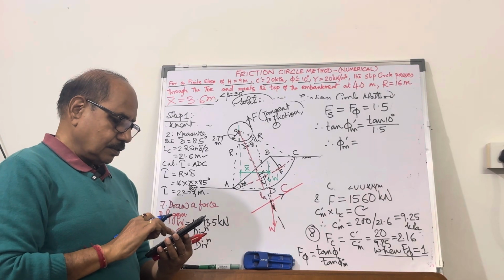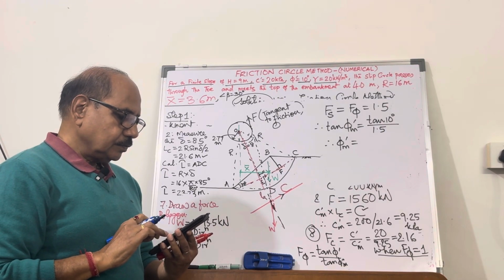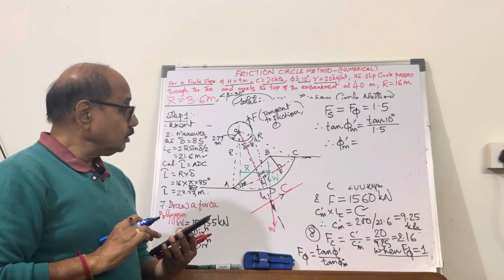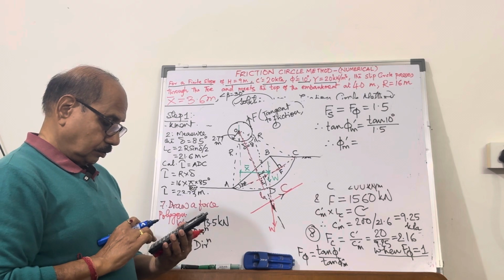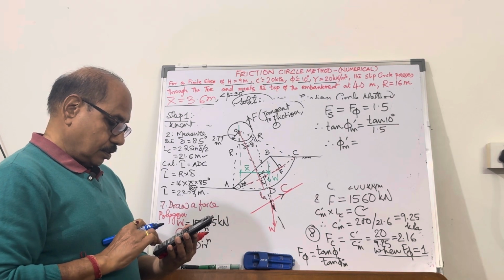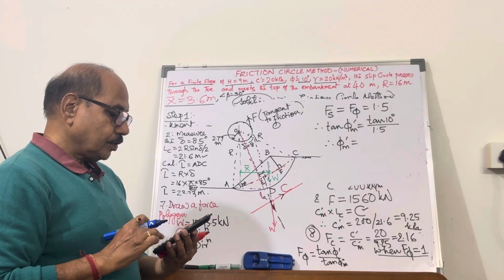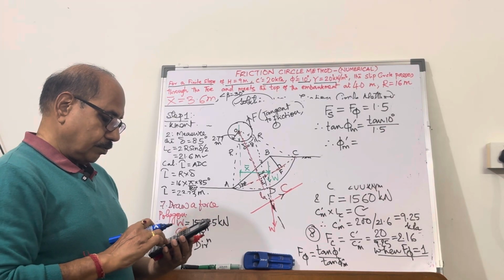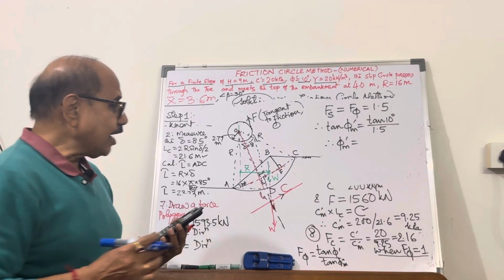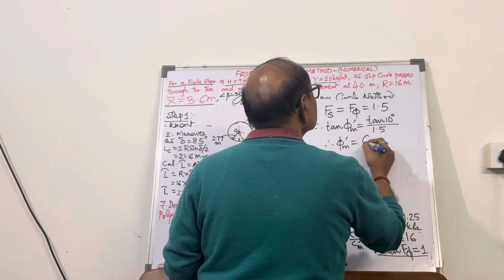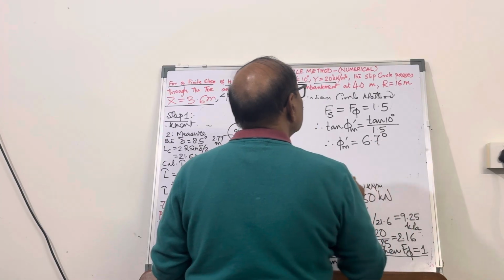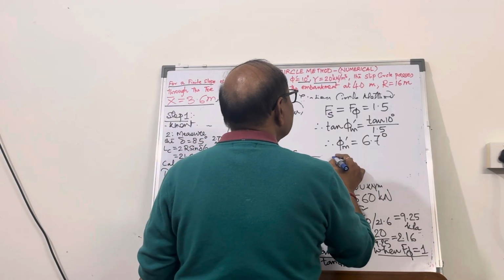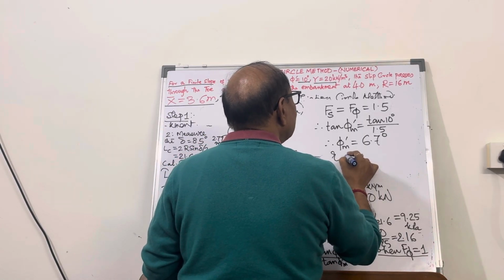Tan inverse of tan 10 divided by 1.5. This is 6.7 degree. So now you can take another trial circle of radius R1.